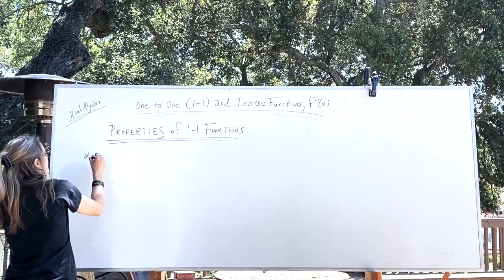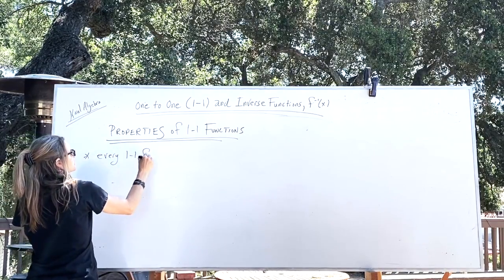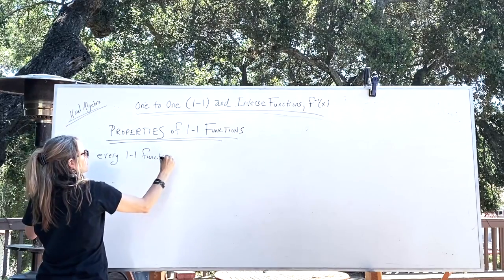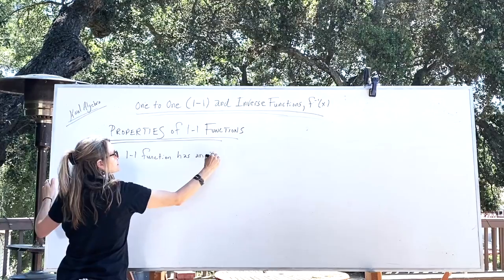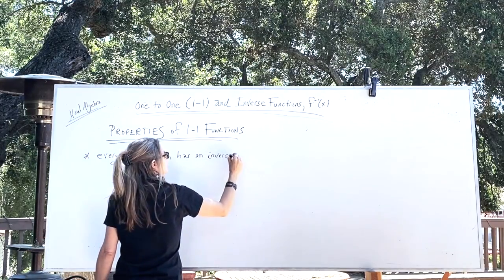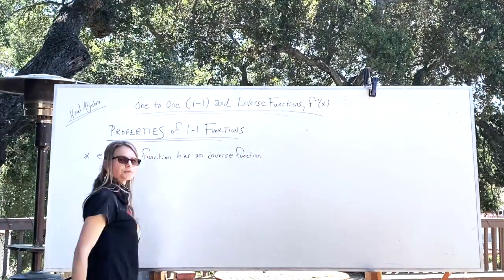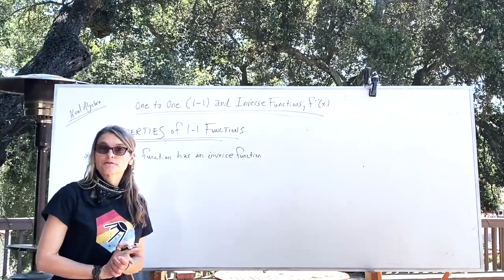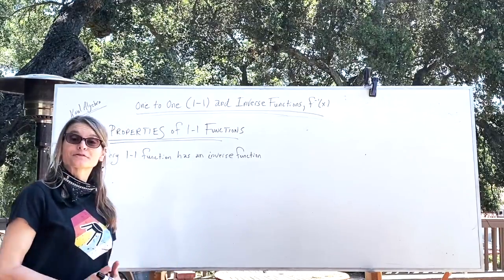Number 1, every one-to-one function has an inverse function. And this is really why we want to start by defining one-to-one functions, because to do inverses, we have to know that it is one-to-one to find its inverse.